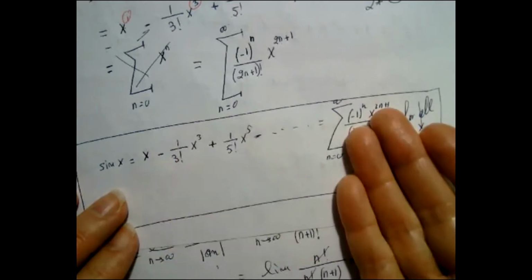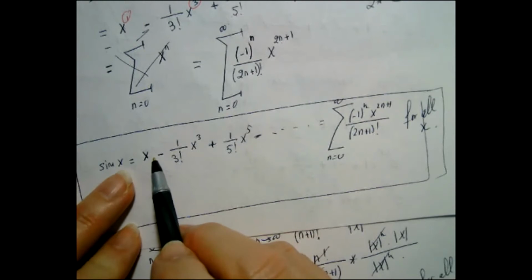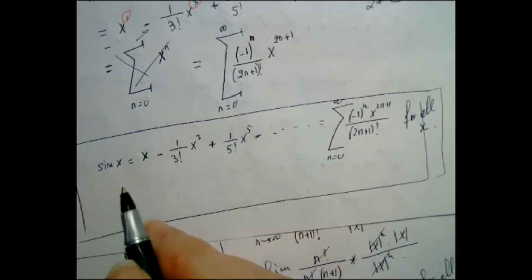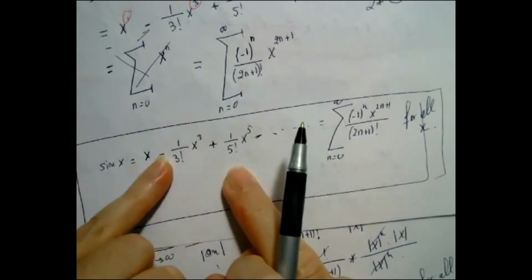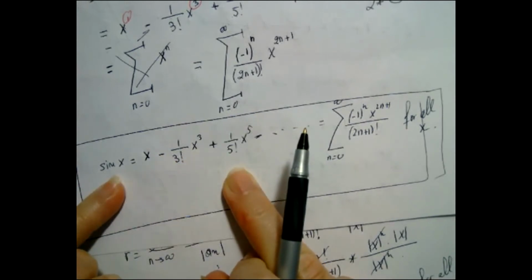The most important idea of how people use this is that once you know the power series and you're working with sine x, a lot of the time people use the first degree Taylor polynomial or the third degree to approximate the sine.